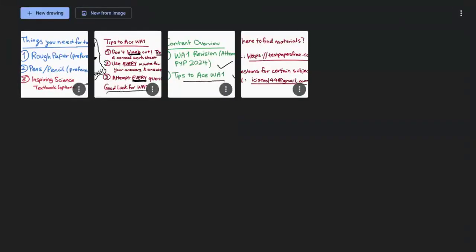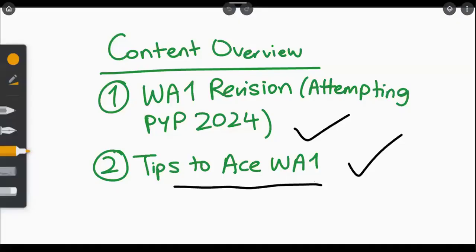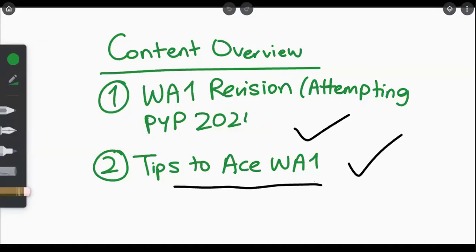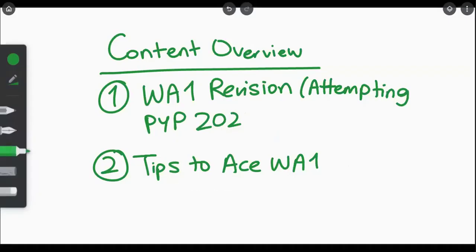Okay, so I am going to dive straight into the content that we are going to do. So firstly, I'm going to do WA1 revision. This paper is adapted, sorry, because just now I had a class and it is not updated. This is supposed to be a 2021 paper, also very recent.